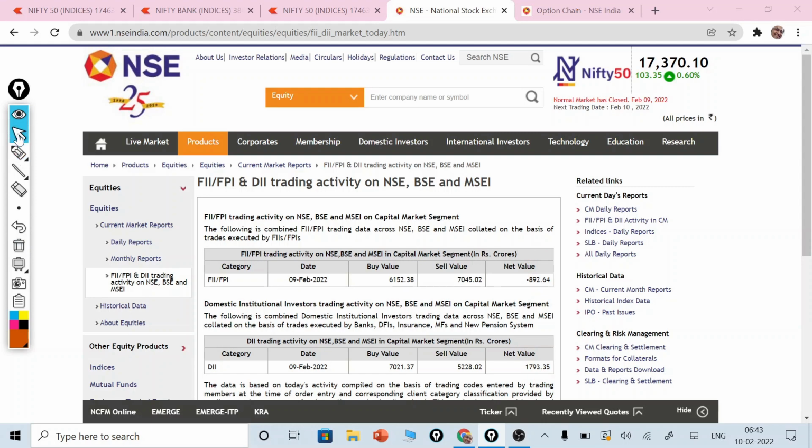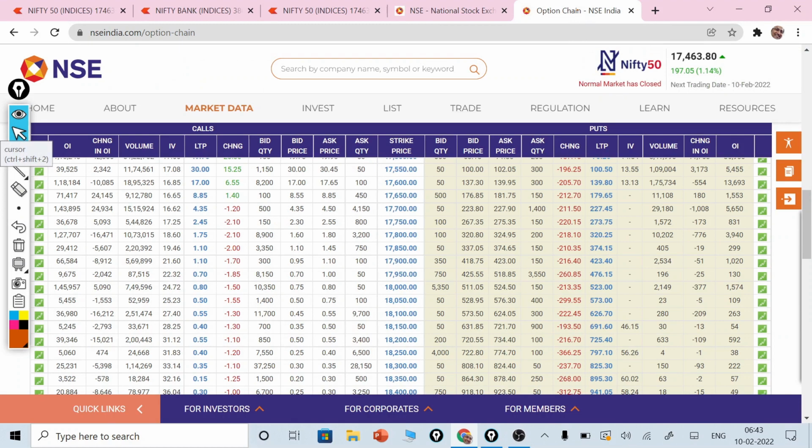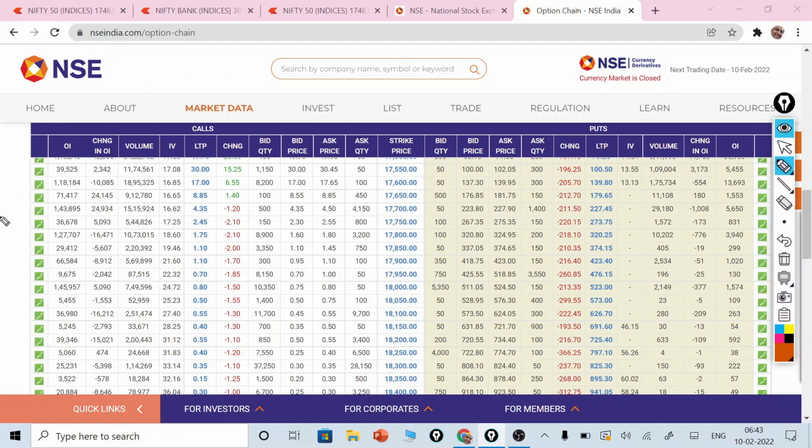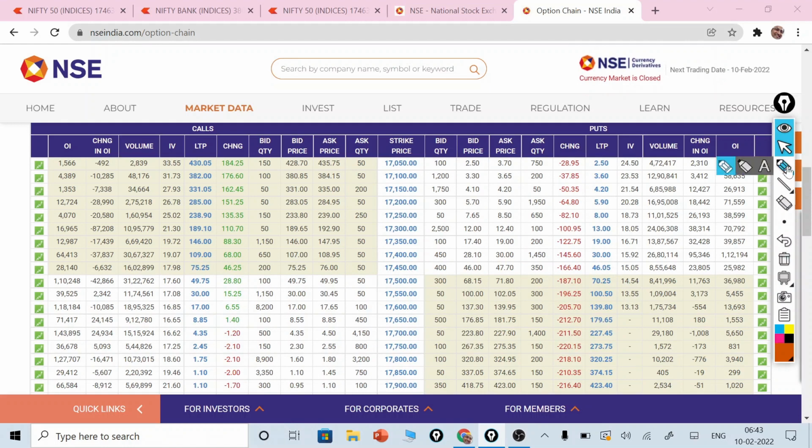So what is there in the option chain? If you see the option chain very clearly, this is the Nifty chain. You can see open interest build up on the call side.